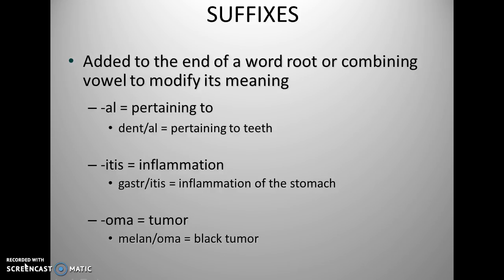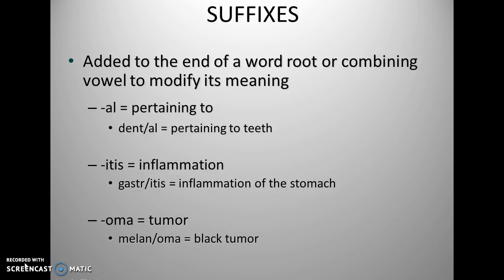Okay, let's look at suffixes. These are added at the end of the root word or a combining vowel to modify the meaning of that particular terminology. For example, al. Al means pertaining to. So you have dental, pertaining to teeth. Itis, the one that you will see over and over again, dealing with inflammation. Itis, inflammation. So gastritis is inflammation of the stomach.